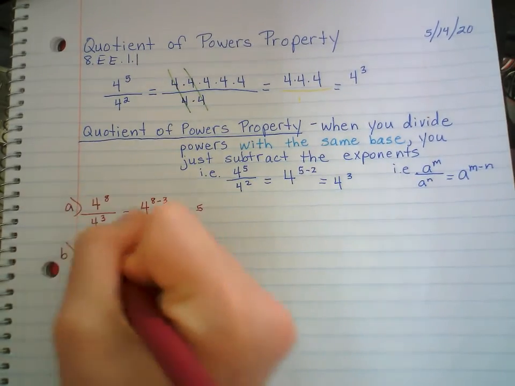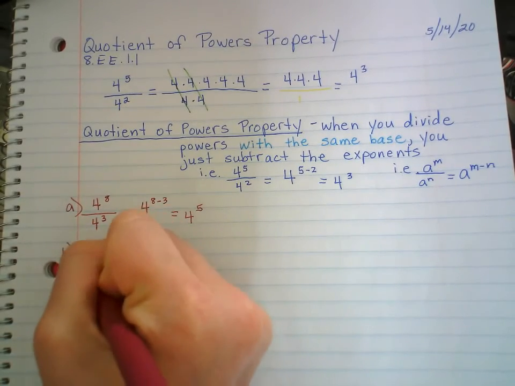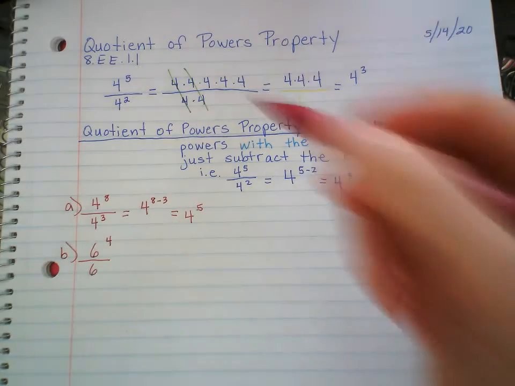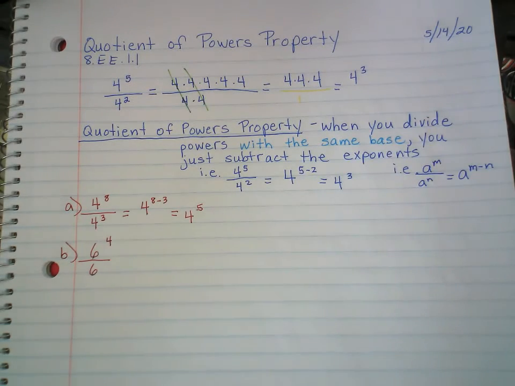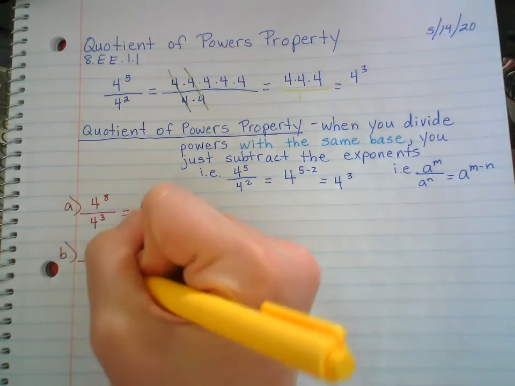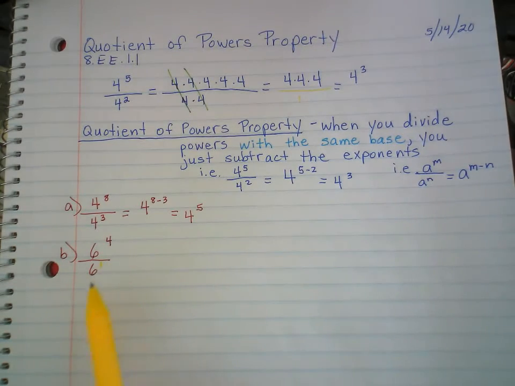Example B. 6 to the 4th over 6. So we're still dividing two different powers. 6 to the 4th over 6. What's the invisible exponent? 0 or 1? 1. It's always an invisible 1. That's 6 times itself one time.